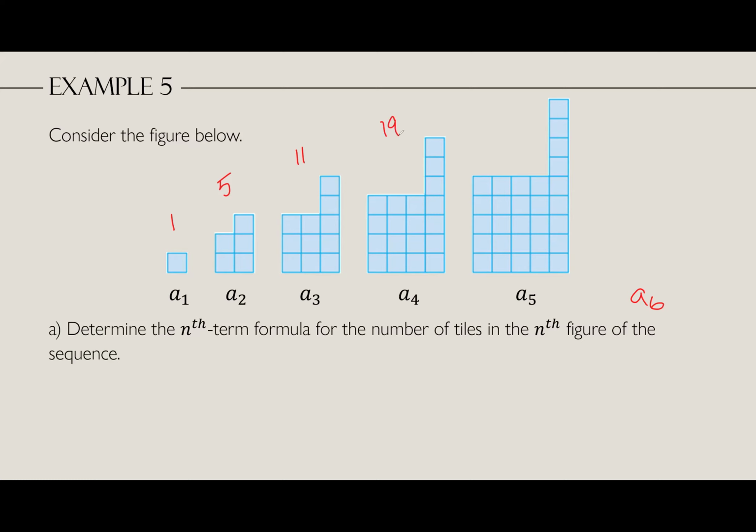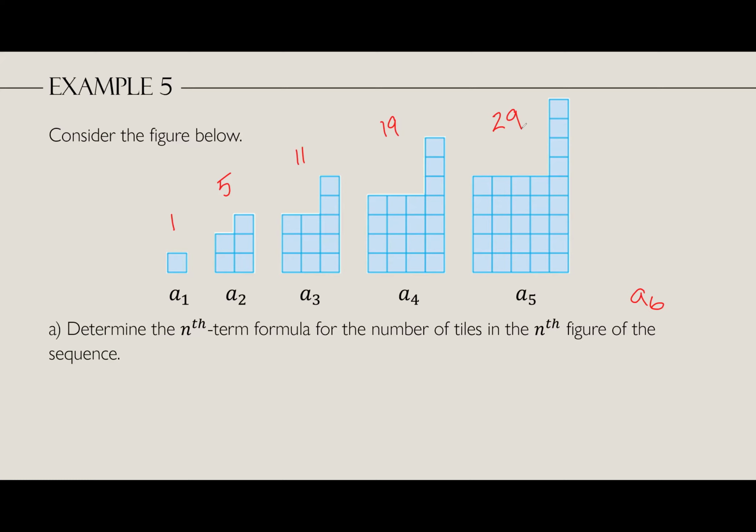And then A5, it looks like I've got, let's say, 29. I did some quick math counting here. So for A6, can I make a prediction about what the picture is gonna look like next? Well, this might be a little bit difficult. Can you notice a pattern between these as I increase?